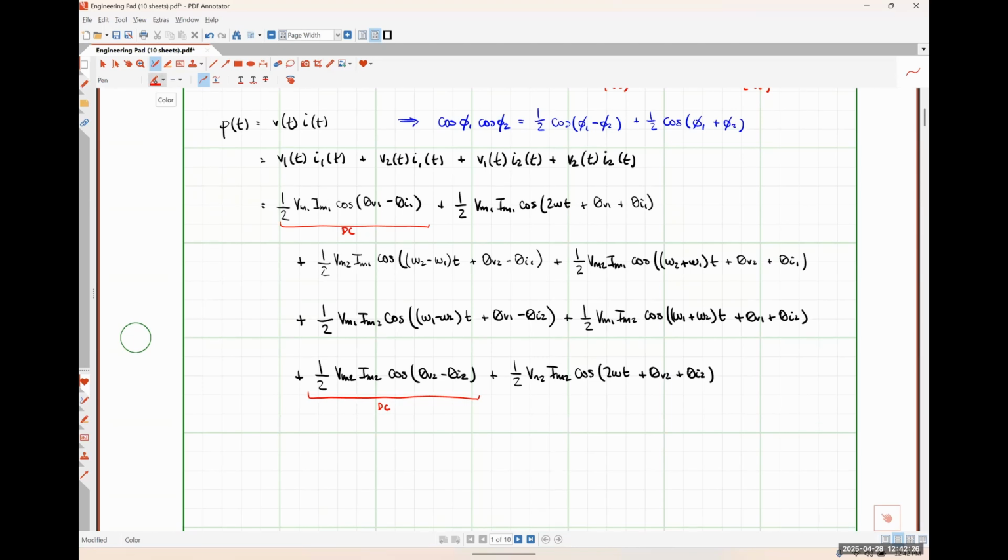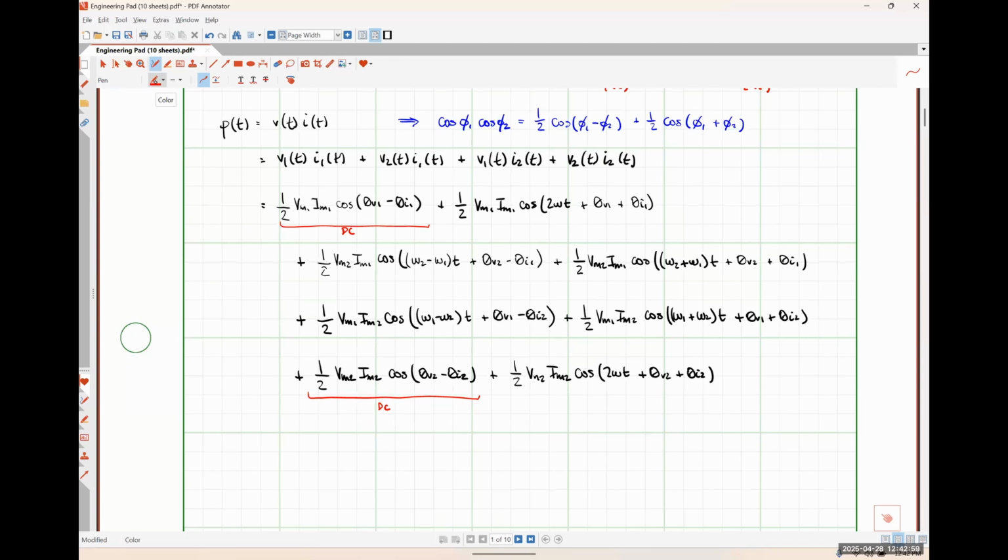How many of you, hopefully most of you, are aware of the trig identity that cosine of negative x is the same thing as cosine positive x? Practically all of you, right? Well, the reason I'm bringing that to your attention is because we have one term with cosine of (omega 2 minus omega 1)t, and another term where it's omega 1 minus omega 2. Well, omega 1 minus omega 2 is just negative (omega 2 minus omega 1).